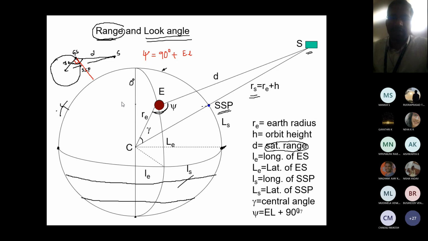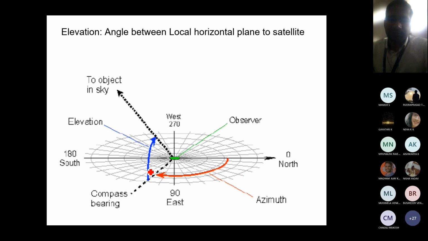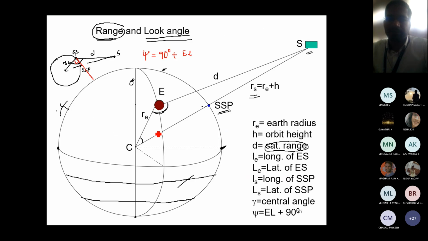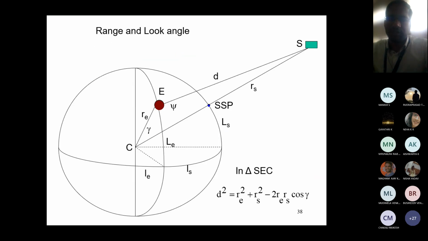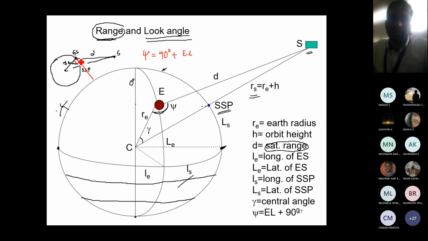I hope I have explained it in a simpler way. If you have any doubt, you can ask me. In the previous diagram, this represents the elevation angle. Assume this is the surface of the Earth; at what elevation the satellite is located is what we are considering.